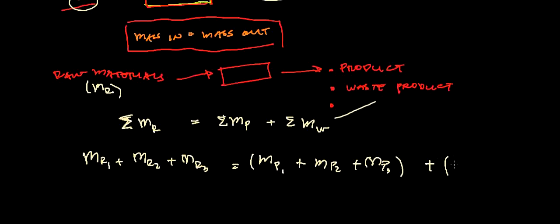Say you also have 3 types of waste material. So you have waste 1 plus mass of waste 2 plus mass of waste 3.